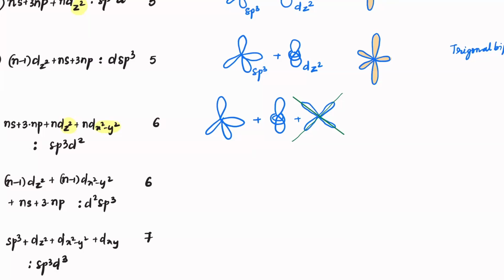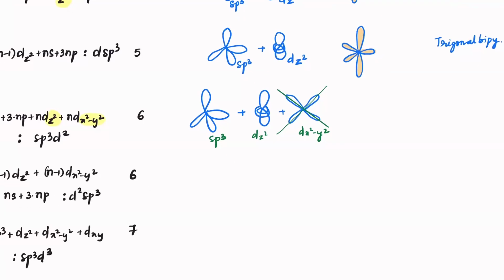So this is dz square, and this is dx square minus y square, and this is sp3. We are mixing these three orbitals. On mixing them, the set of new orbitals will be this way. It will be elongated on one plane, a square plane, and two lobes will be up and down.